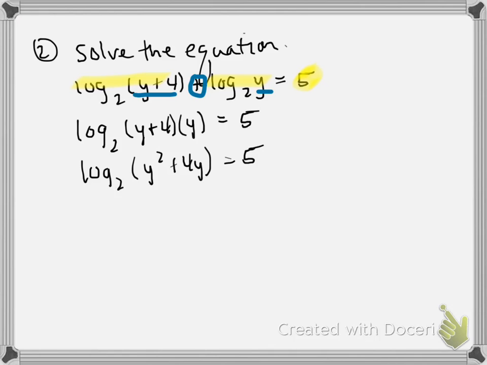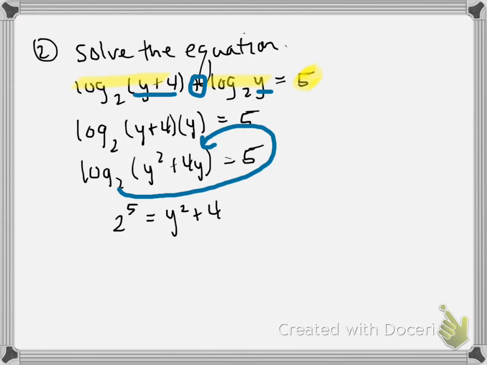I know that I can think of log base 2 of y squared plus 4y equals 5 as 2 to the 5th power equals y squared plus 4y. So I can rewrite in exponential form, and I would have 2 to the 5th power equals y squared plus 4y.